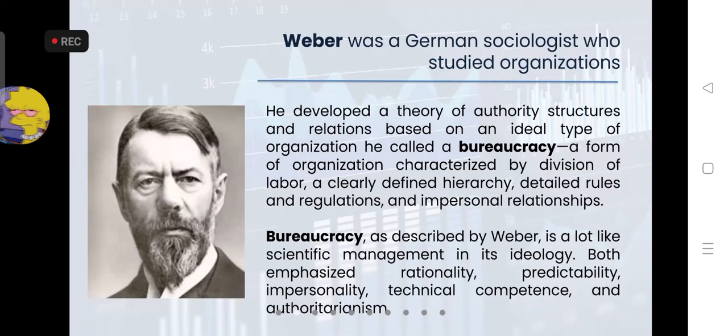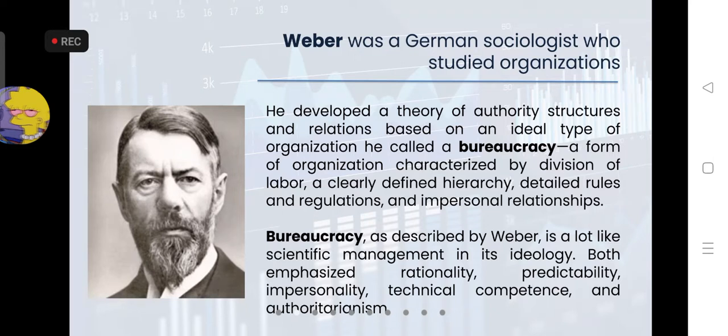So Max Weber, a German sociologist, contributed to the development of administrative management through his study on public administration and bureaucracy. So bureaucracy is a form of organization characterized by division of labor, a clearly defined hierarchy, detailed rules and regulations, and impersonal relationships.